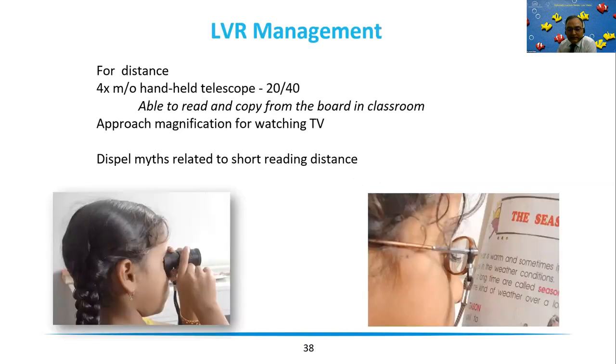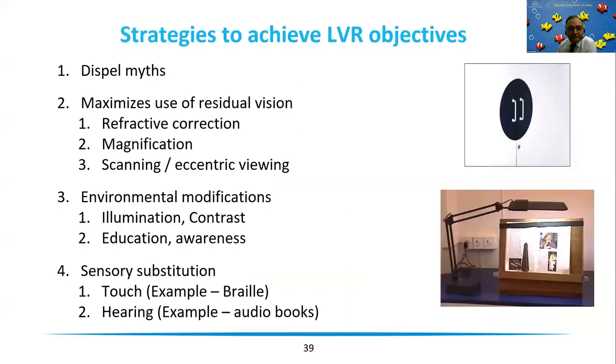If you calculate magnification, you'll get 4 times magnification because her acuity is 20/160. With a 4x monocular handheld telescope, you achieve the target 20/40. She's able to manage the classroom work, and you just dispel the myth related to short working distance. You say it's all safe. She can maintain a shorter working distance. It's not harmful as long as she has ample accommodation to manage that.